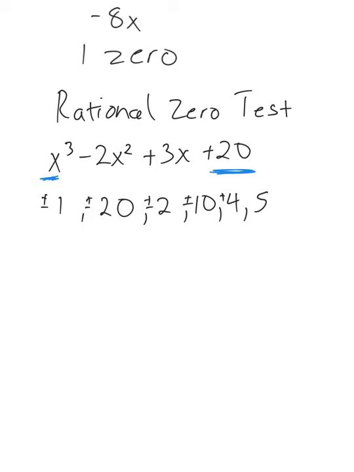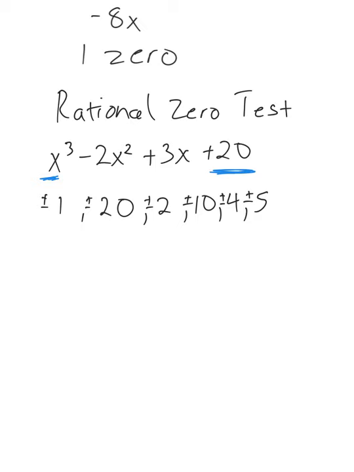To determine if any of these are actual zeros, we would use synthetic division. We can pick one, synthetically divide, and if the remainder is 0, that will be our answer.